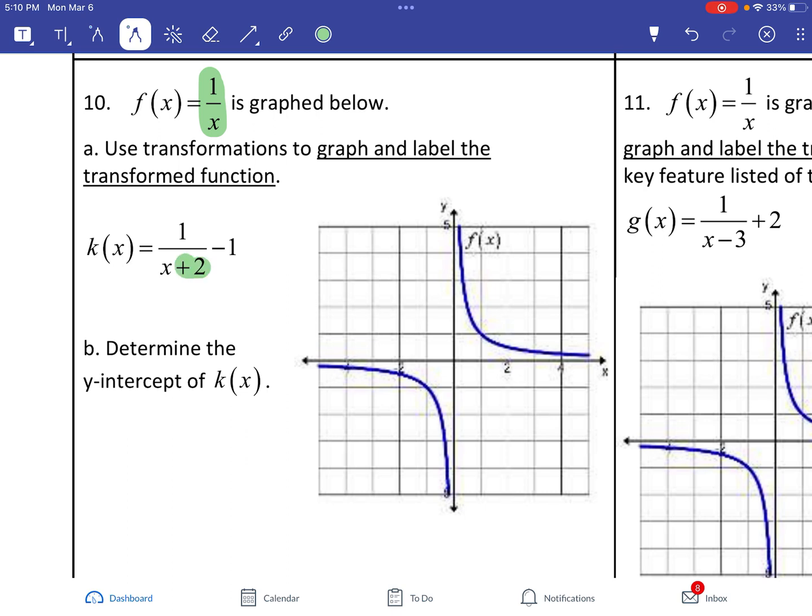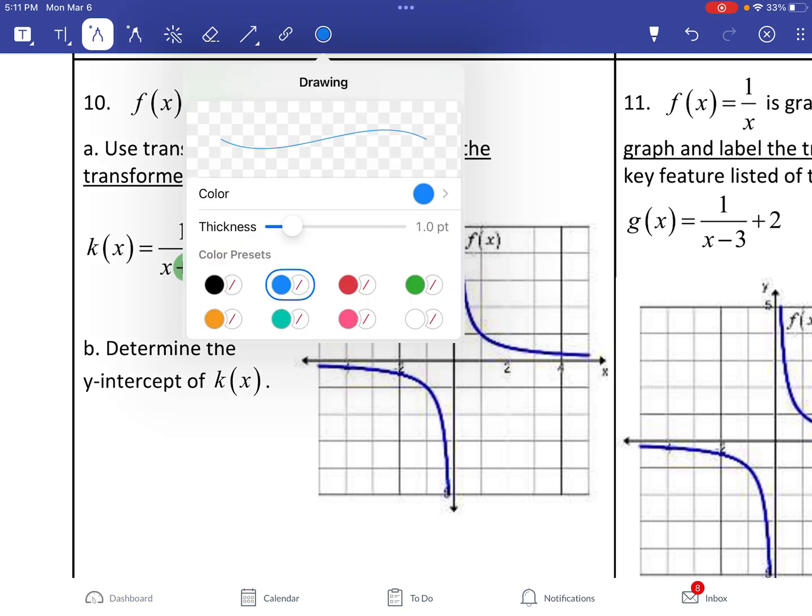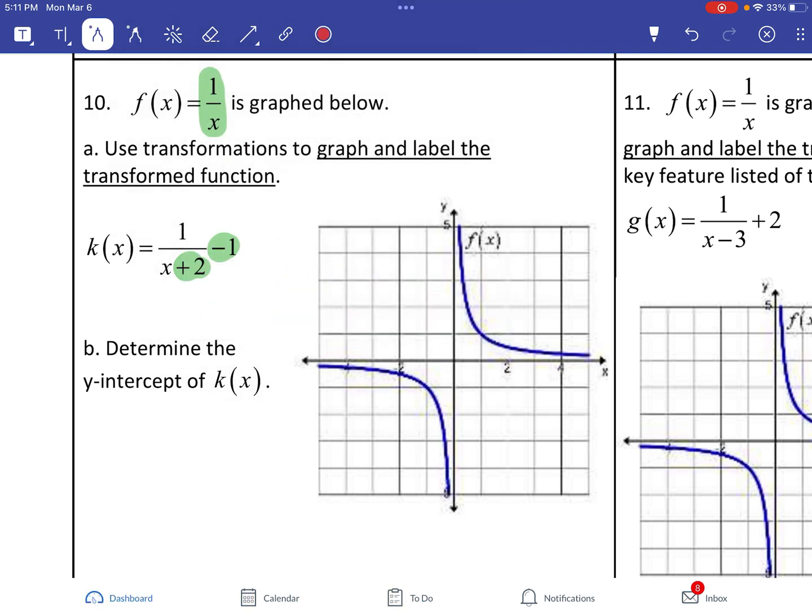Now we're going to make some transformations of it. So I'm going to make these in red. So the +2 is going to be a horizontal shift, which moves your vertical asymptote to the left by 2. So we're going to move our vertical asymptote to the left by 2.